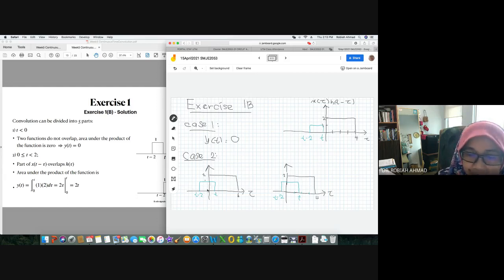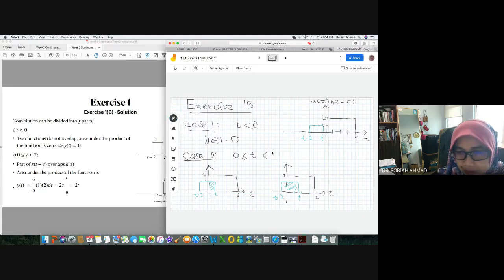So first, let us look, bila dia start masuk, this is when t is less than 0. Okay, so bila t dia after 0, t more than 0, and then until dia terus habis ke sini. Kalau kita lihat, if you look here, this is when dia masuk dah dalam region ni, and then dia teruskan until t ni dah approach ke 0 kan. Okay, so bila t yang hujung ni 0, this one will be 2.